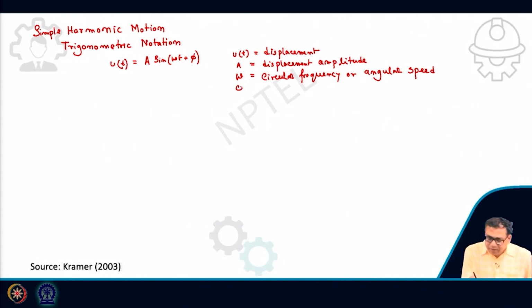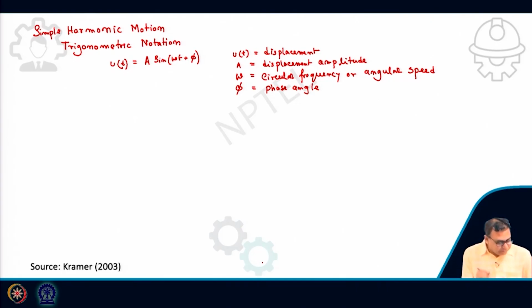Okay, and phi is the phase angle. Now, what is phase angle? Phase angle is the amount of time by which the peaks or zero points are shifted from those of a pure function. So, I will show you by graph.